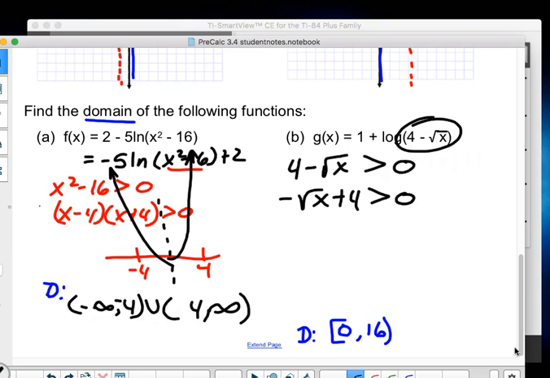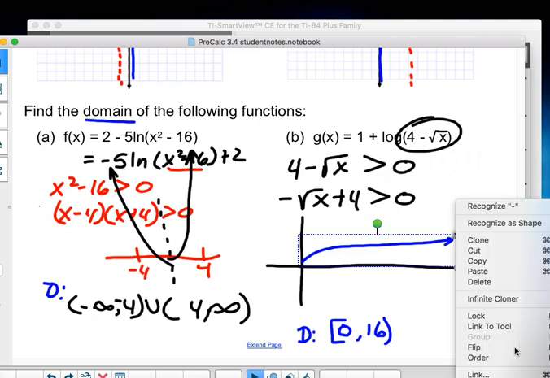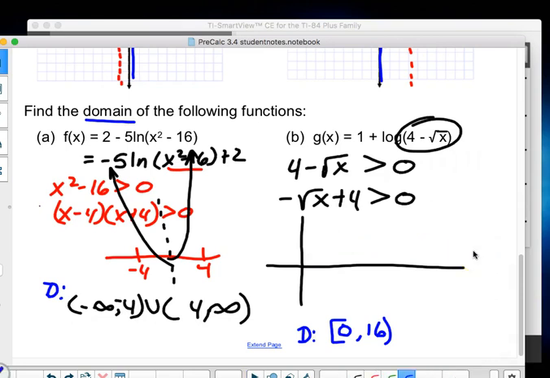What if I'm looking at this? This is a reflection of the square root function over the x-axis, and I bring it up 4 units. So if I'm really thinking about this function in itself, it's going to be rising as I go. Actually, that's not going to rise at all. It looks pretty horizontal. Let's do that again. Yeah, it looks better.